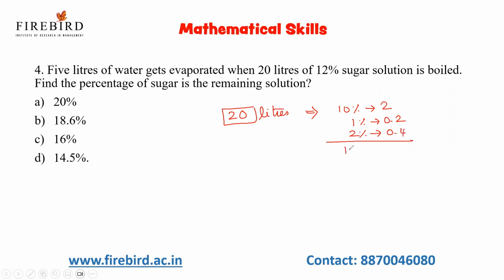So in total 12% will be equal to 2.4. Find the percentage of sugar in the remaining solution. Remaining 15 liters are there. So 2.4 by 15 into 100. So if I cancel it, we get 16%. Okay, so you got some ideas, right?